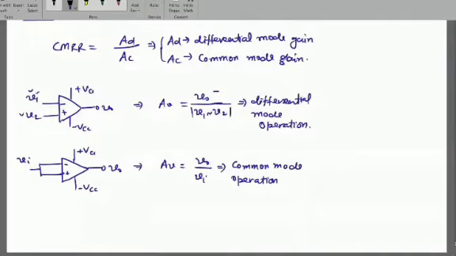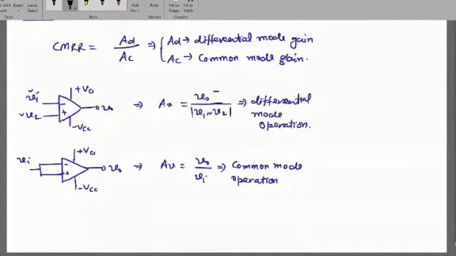And the next terminology is slew rate. What is slew rate? This is the maximum rate of change of output voltage as a function of time.